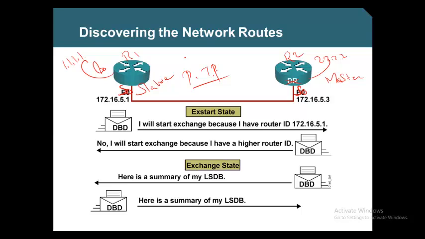Both are the same. But during this mid time, in the ExStart state, the router with the bigger router ID will say, we are not slaves. We are masters. Router 1 will agree, saying we are slave, because router 1 knows that the other router has got a bigger router ID.